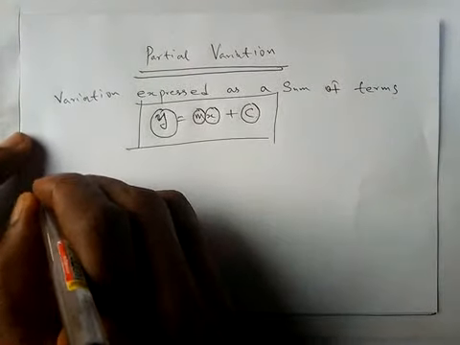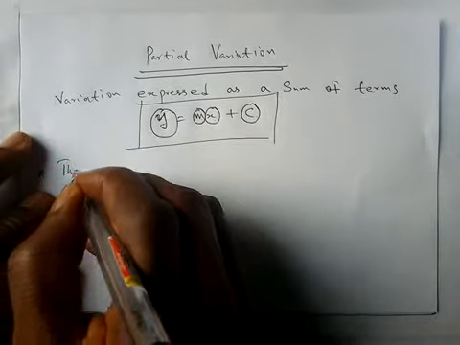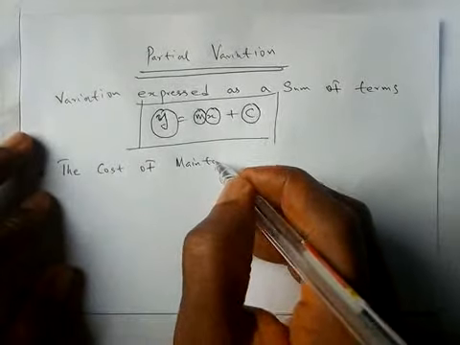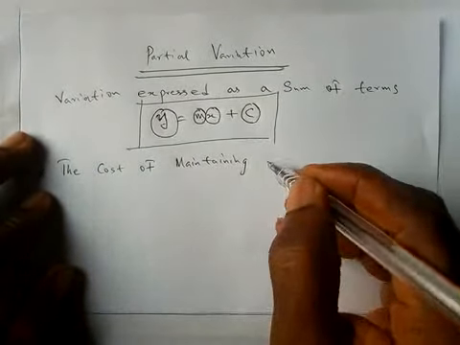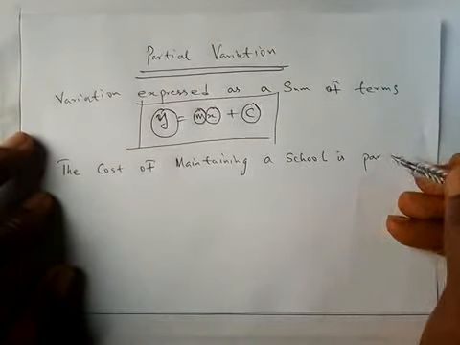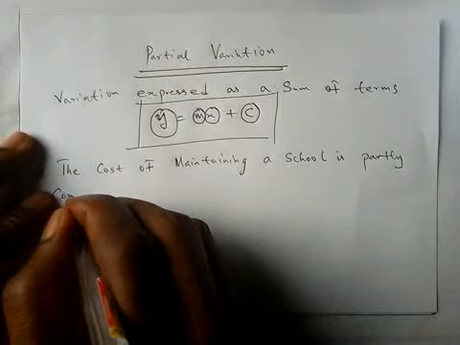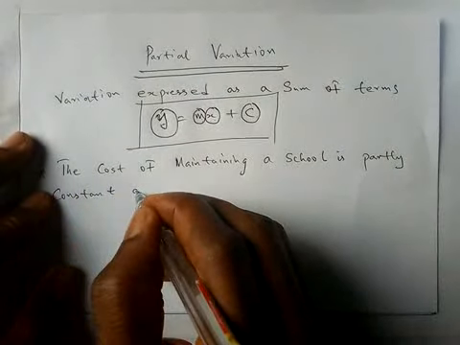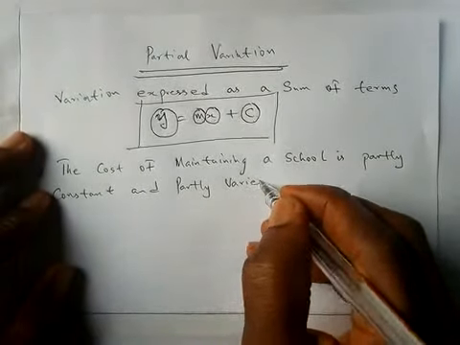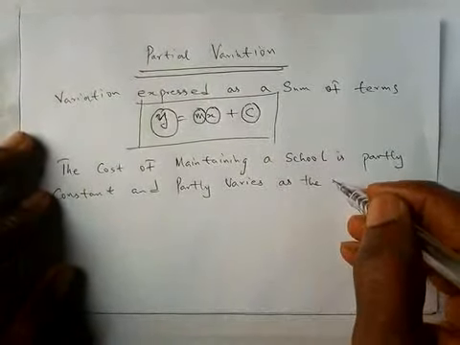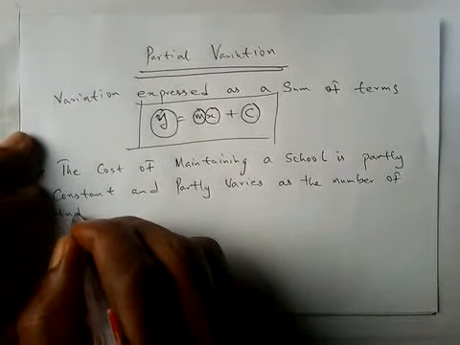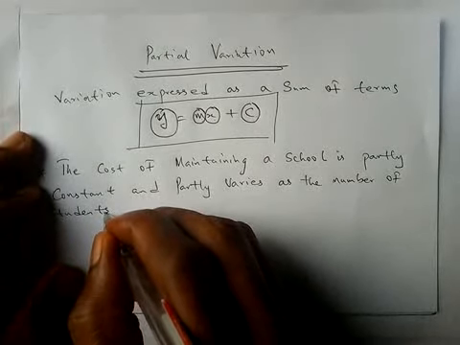It says the cost of maintaining a school is partly constant and partly varies as the number of students in the school.